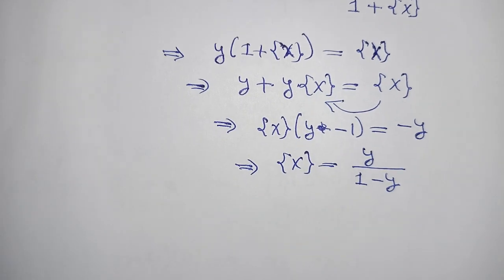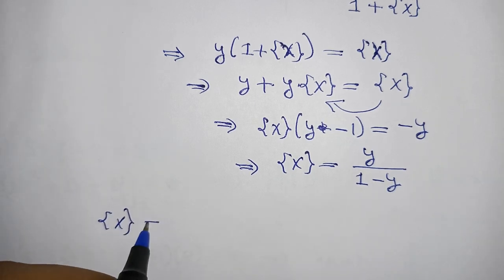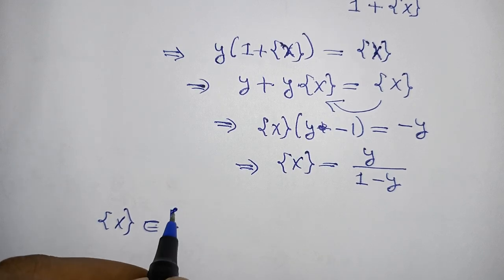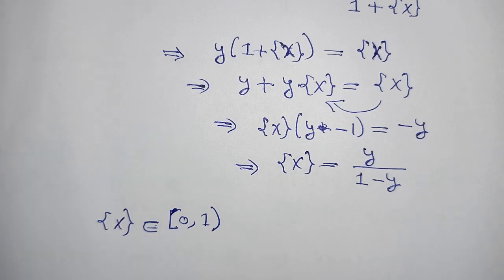Correct. So the fractional part is equal to y/(1 − y), and we know that the fractional part will always belong to 0 and 1, where 0 is included. So the fractional part always belongs to this interval.